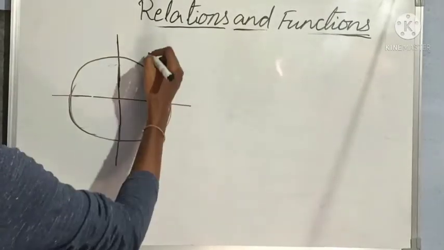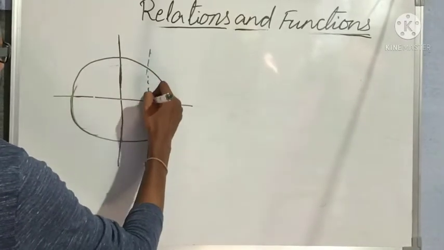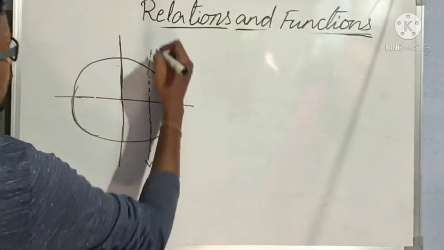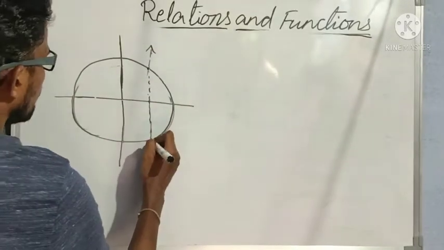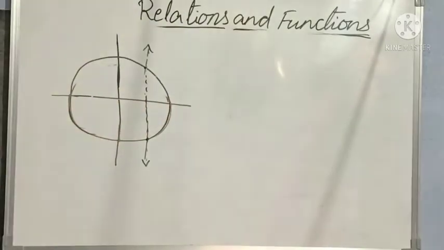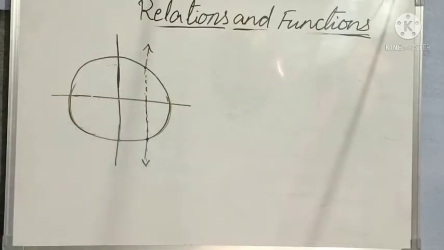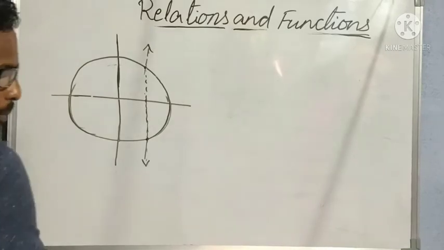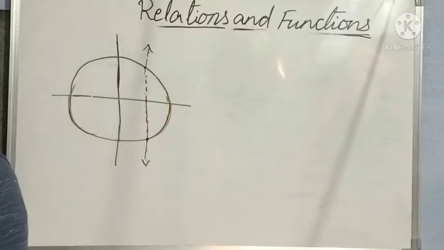So if I draw a vertical line, so this is my vertical line passing through this curve, the sphere. How many points is it intersecting? More than 1 point. So if a line drawn vertically through the curve intersects at more than 1 point, then such a curve is never a function.